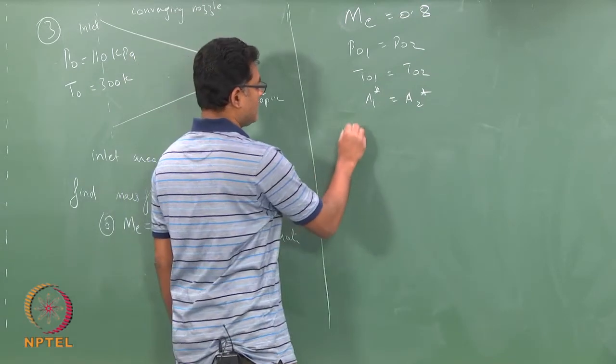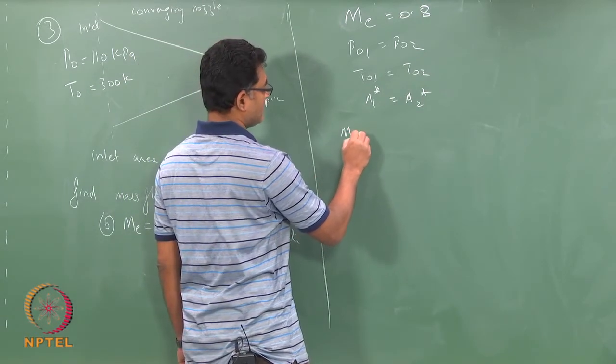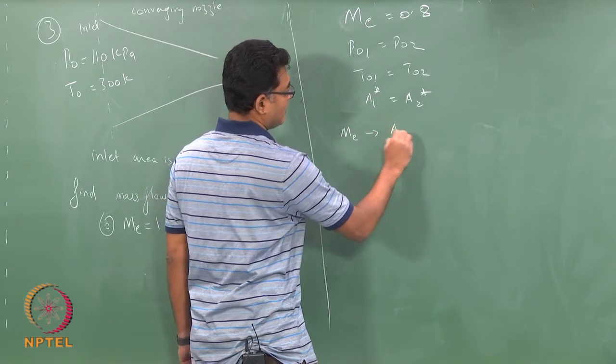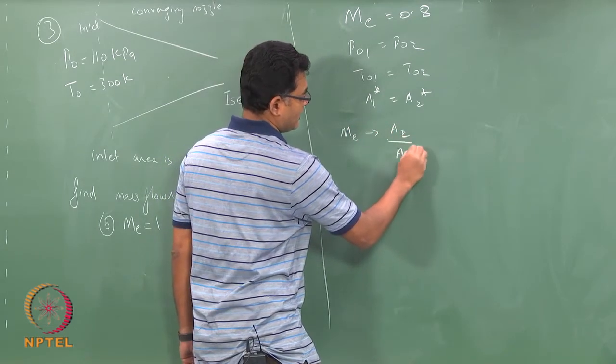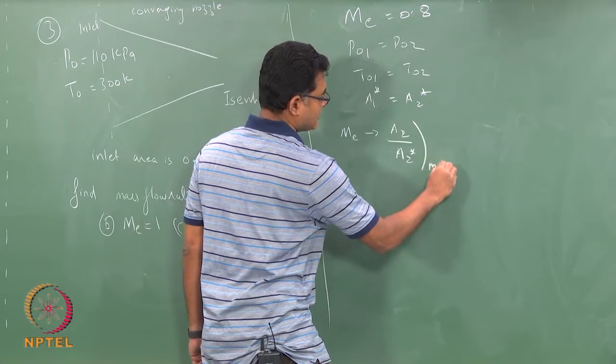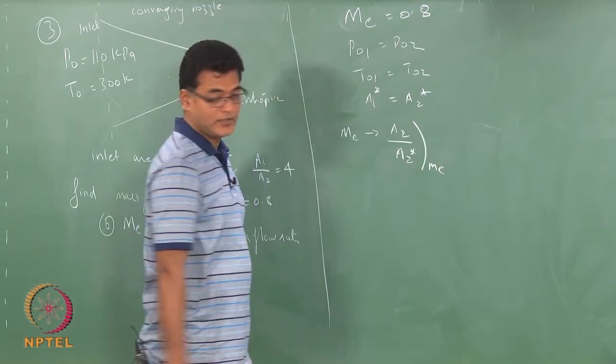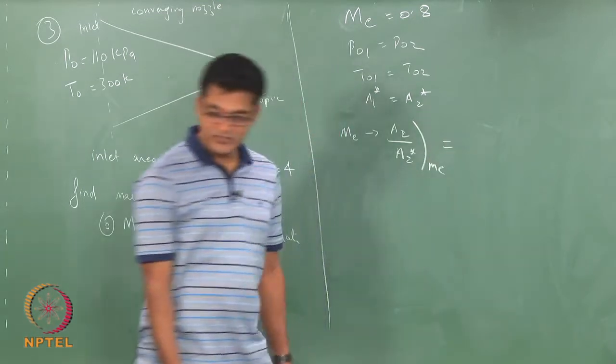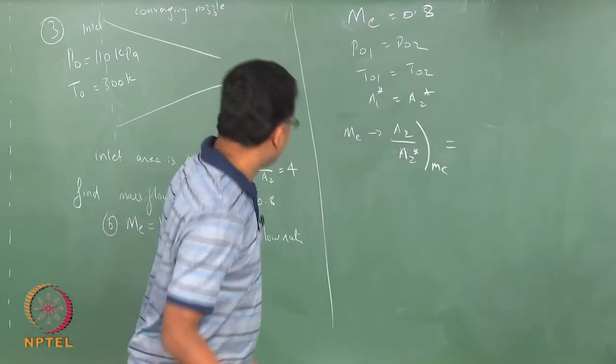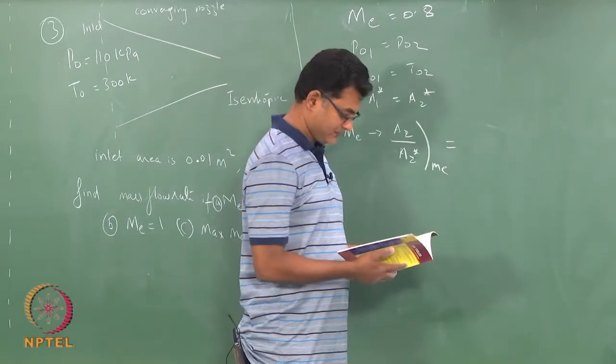Since I know M exit, I can get my A2 by A2 star for M exit, which is, I look at the tables for 0.8.